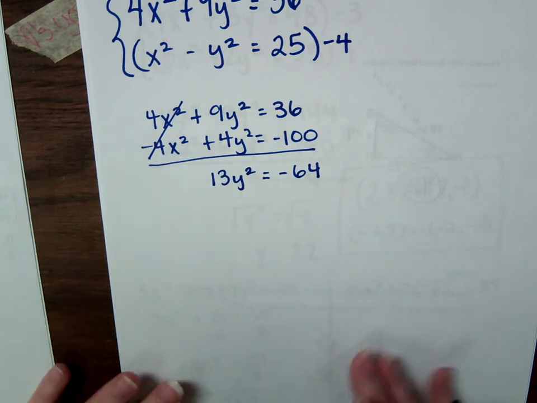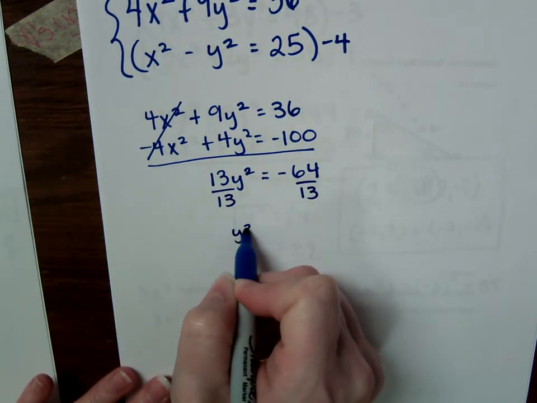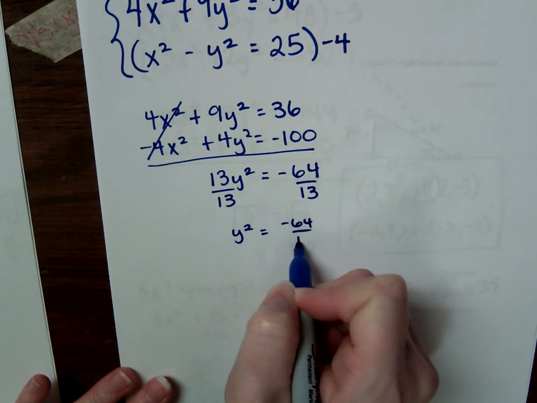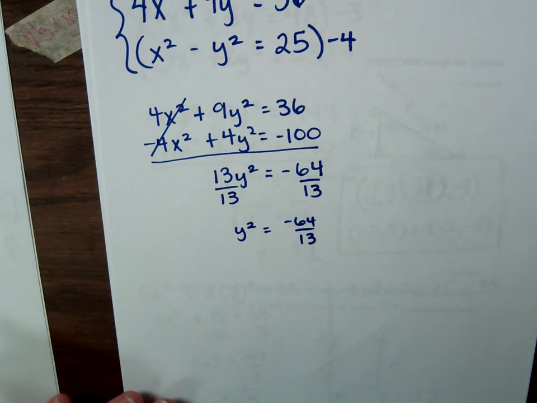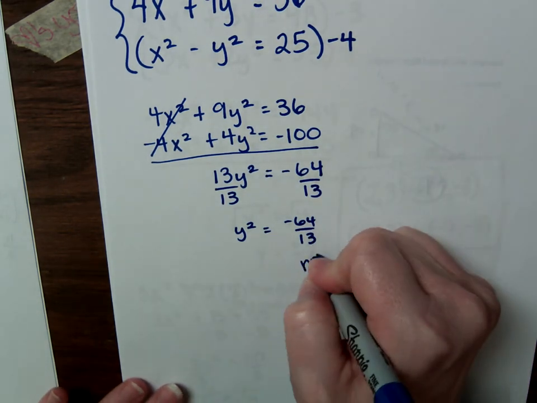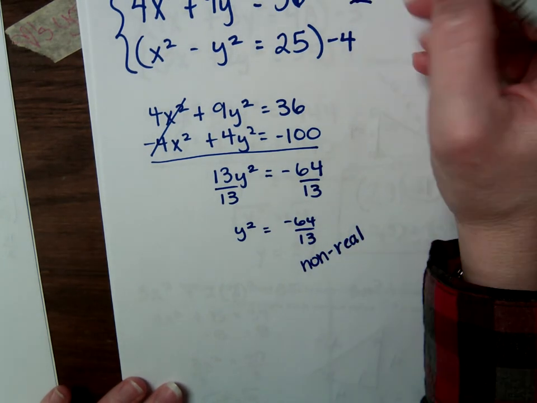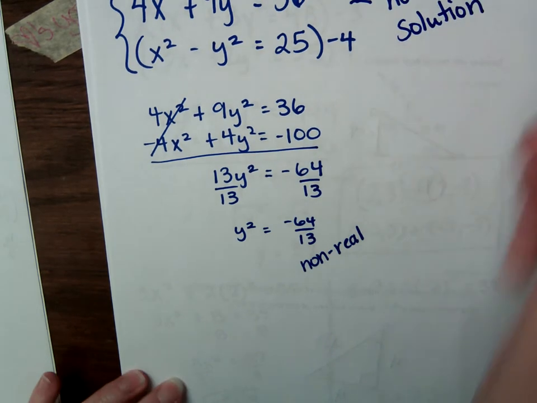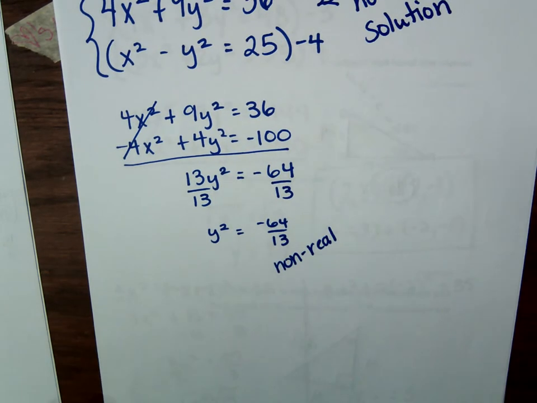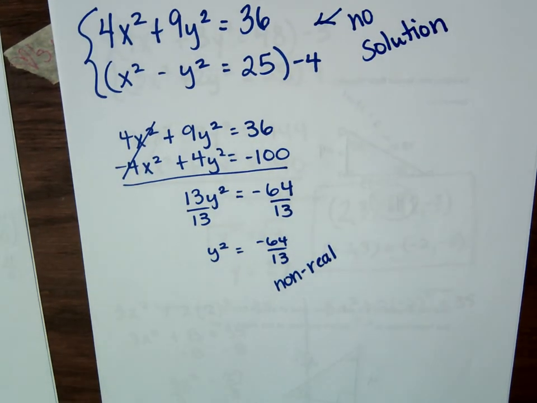When I divide this by 13, I'm going to have y squared equals a negative number. Is that a thing? Is that a real solution? No. So this is a non-real solution. So this has no solution. If you come up with something that just couldn't be, then that's a no solution.